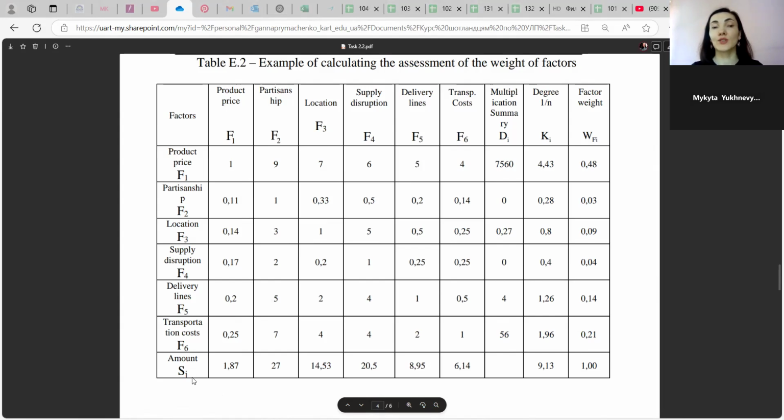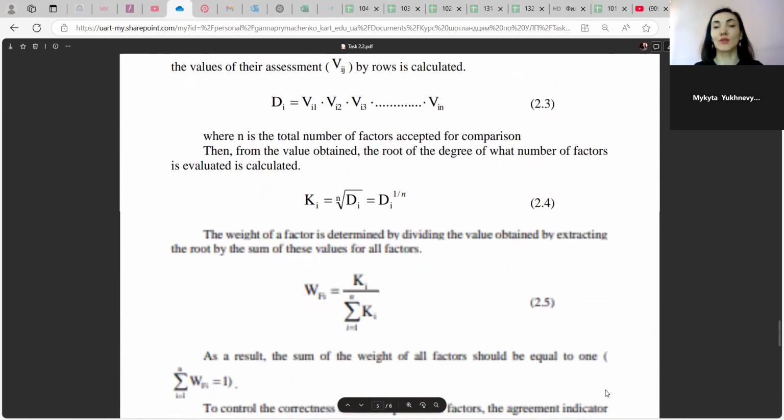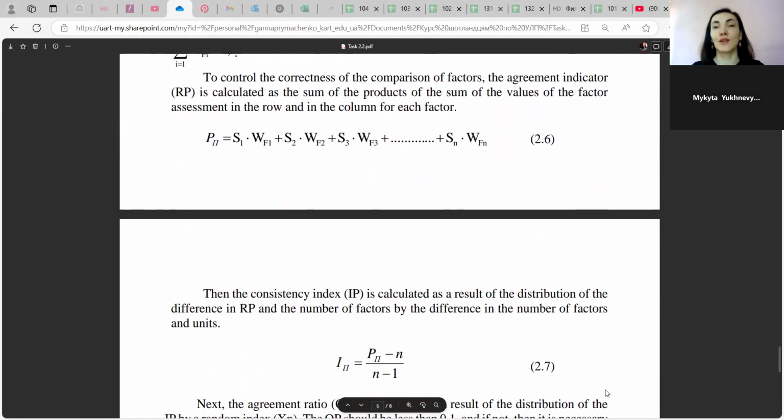So we multiply the last line and the last column, one by one, for all 6 factors, and find the sum of all 6 factors.